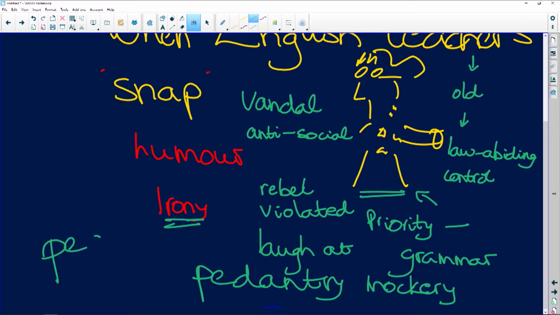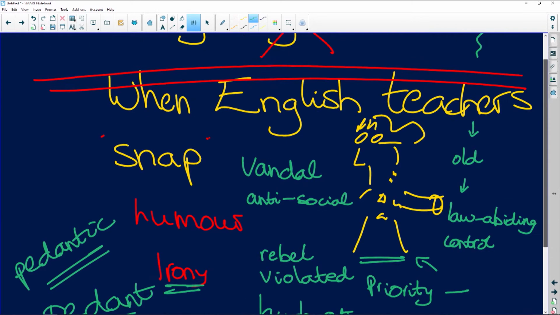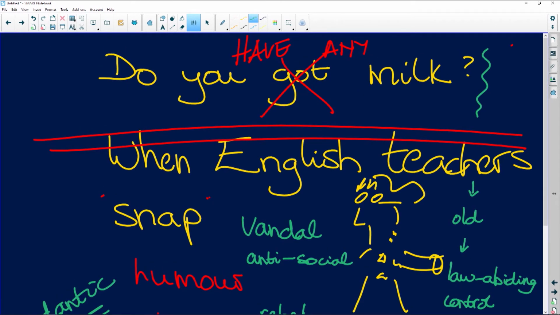Now, a pedant is a person who always wants everything done just so, and you can't step out of line, and not one hair out of place, and the grammar must always be perfect, otherwise there's a problem. So that's a pedant, and she's being pedantic. Okay, that's your adjective, pedantic. She's being pedantic here about the grammar in the sign, and so there's humor directed at her.